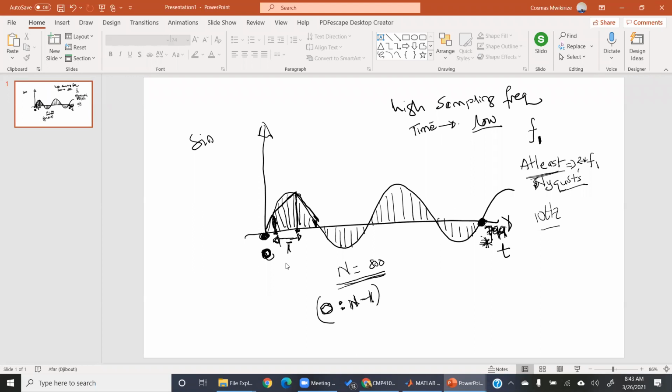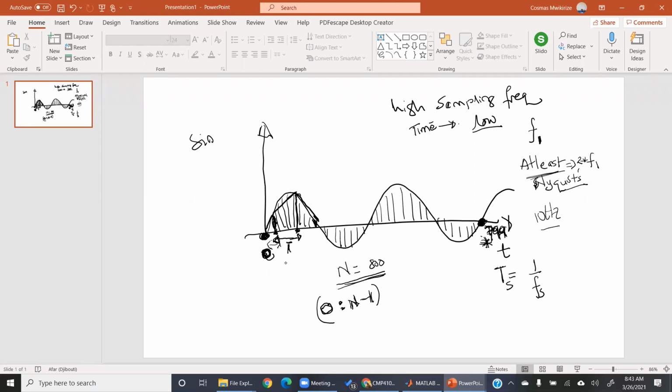But since you're dealing with an actual time scale, remember the time difference between each of these samples is the sampling time T, which is the same as 1 over the sampling frequency.